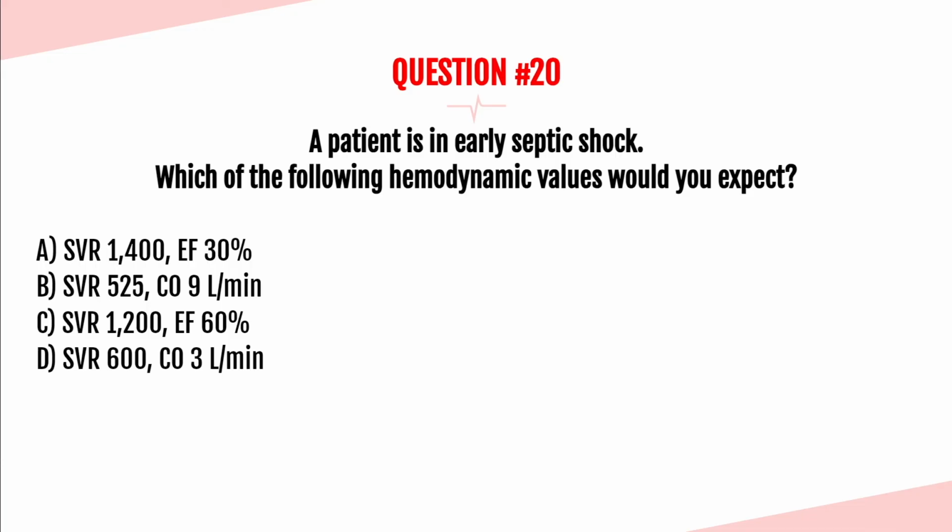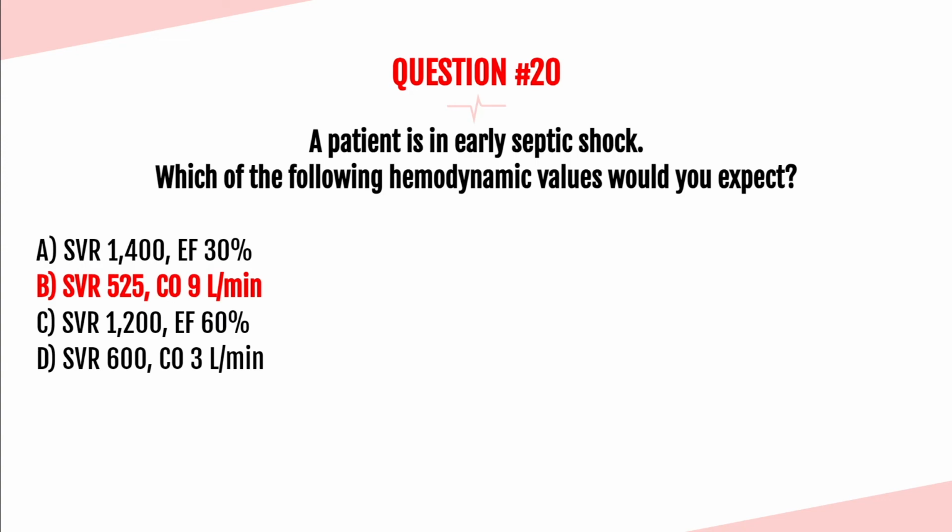C, an SVR of 1200 and an EF of 60%. Or D, an SVR of 600 and a cardiac output of 3. What is the answer here? It is B, an SVR of 525 and a cardiac output of 9.